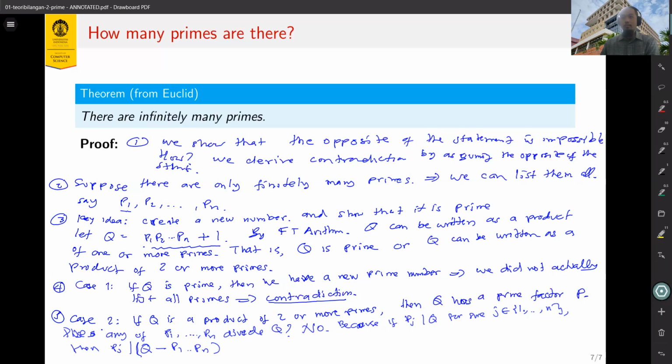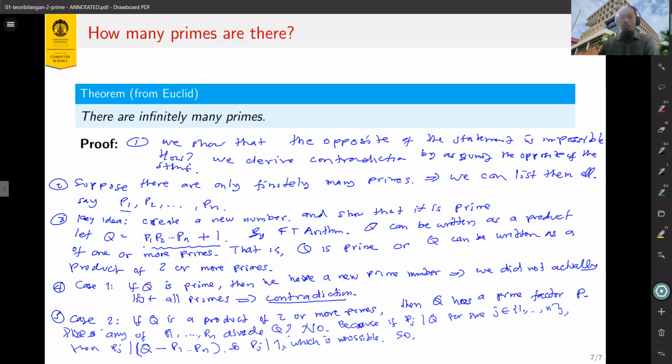So Pj must divide 1, which is impossible, right?